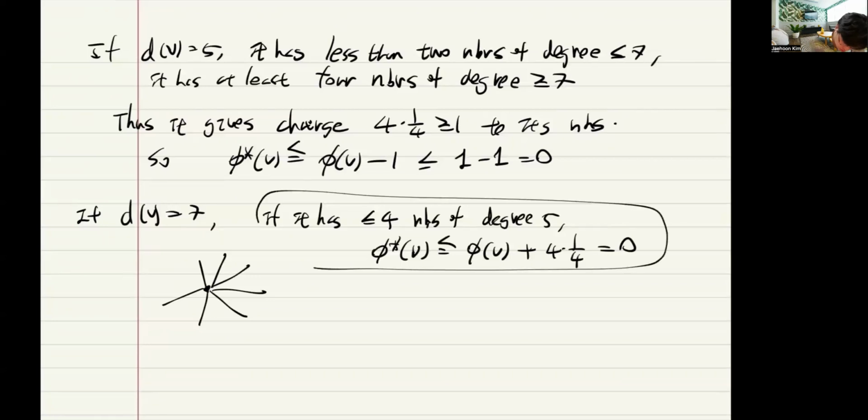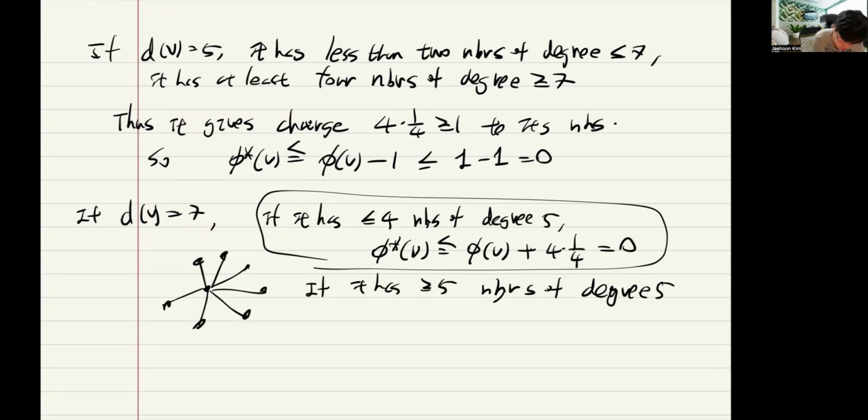So in this case, it is non-positive. But what if it has more than 5 neighbors of degree 5? In that case, out of these 7 neighbors on this plane graph, there are 5 vertices of degree 5.